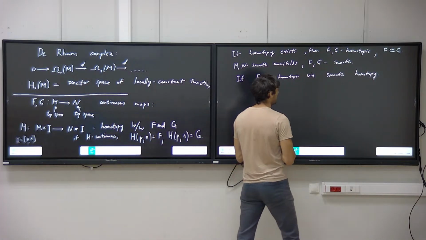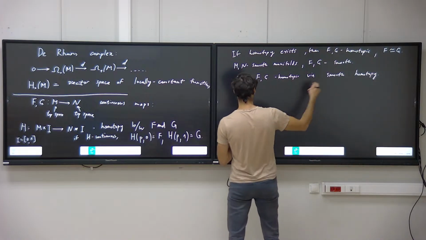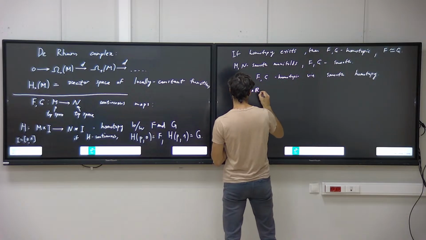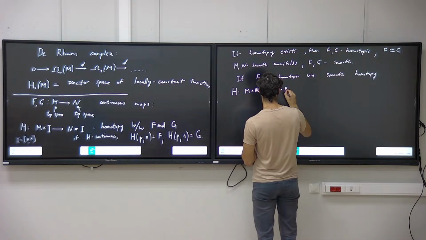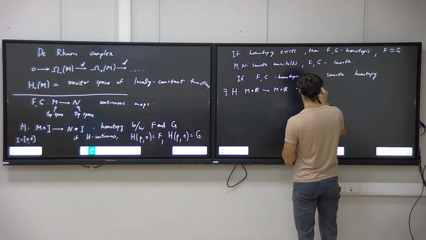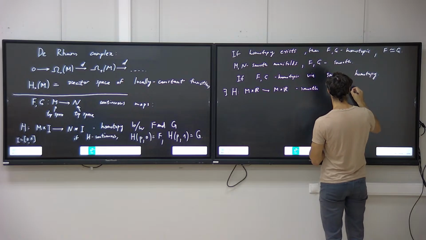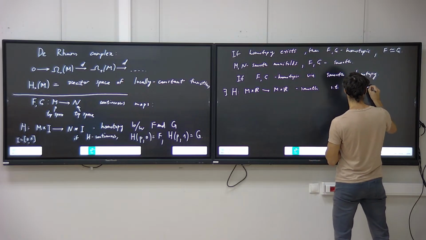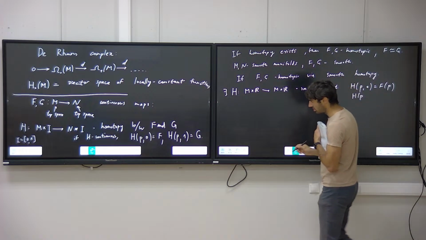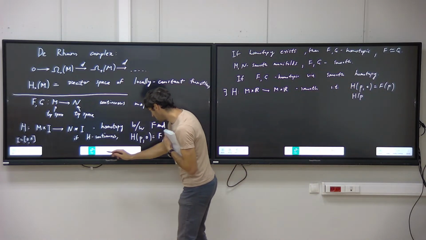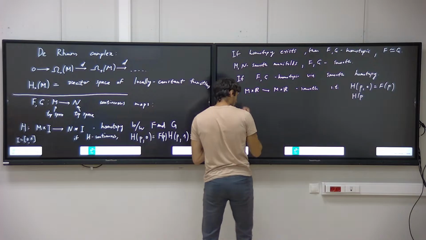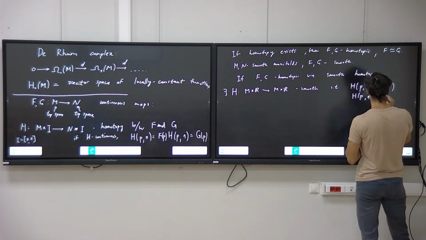What does it mean, smooth homotopy? It means that I have H from M cross R to N, so there exists H which is smooth such that H(p,0) is f of p and H(p,1) is g of p.